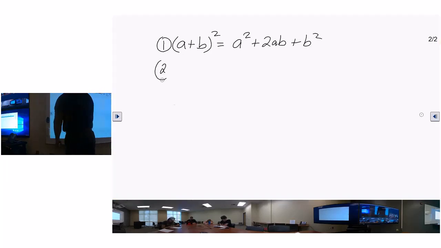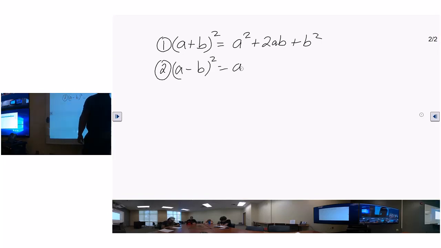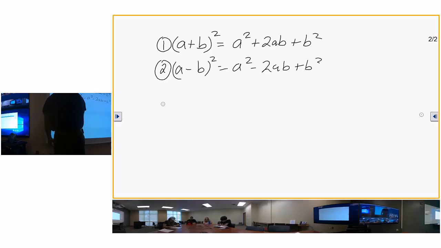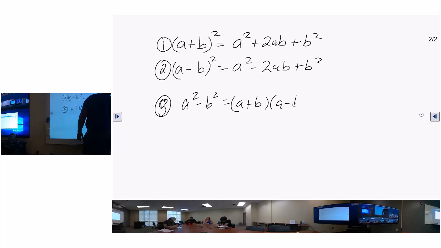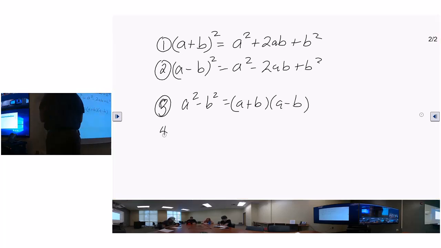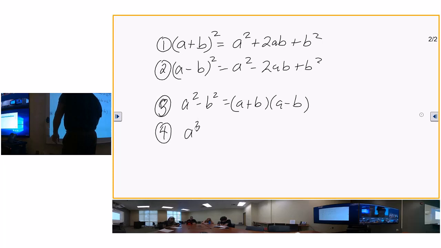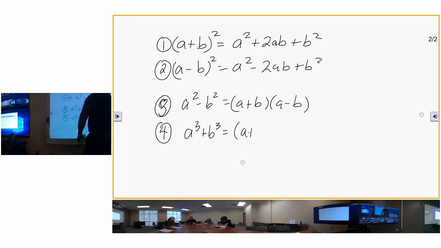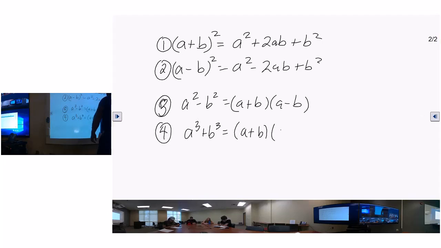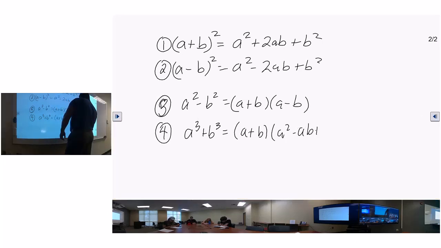Number 2, A minus B, quantity squared, is equal to A squared minus 2AB plus B squared. 3, A squared minus B squared is equal to A plus B times A minus B. 4, A cubed plus B cubed is equal to A plus B times A squared minus AB plus B squared.